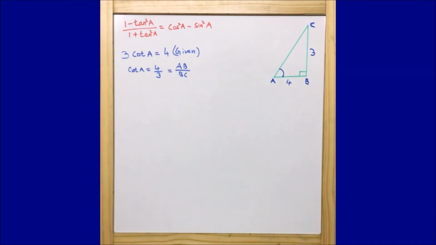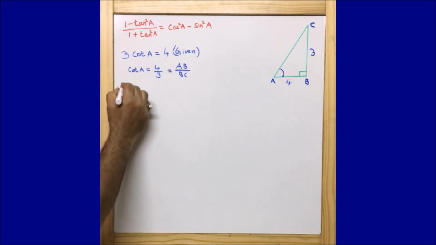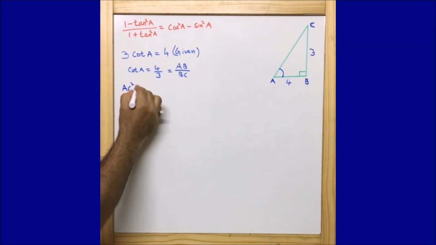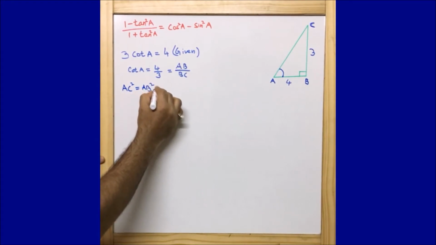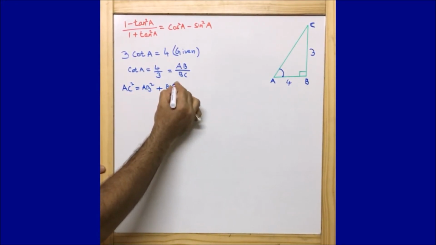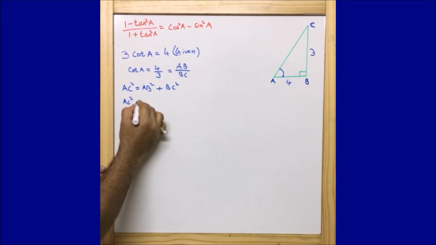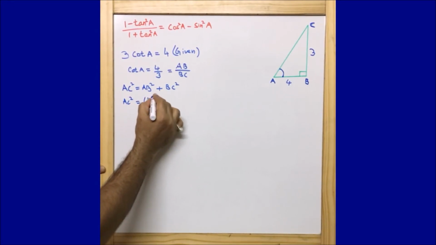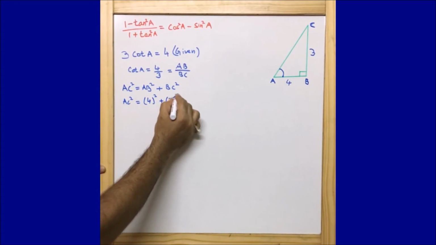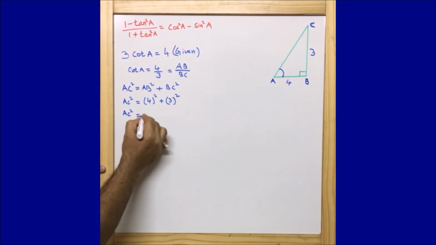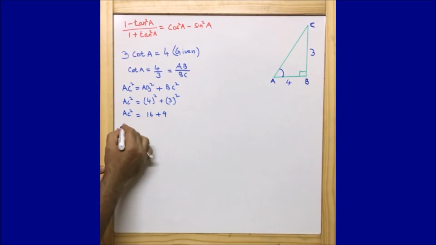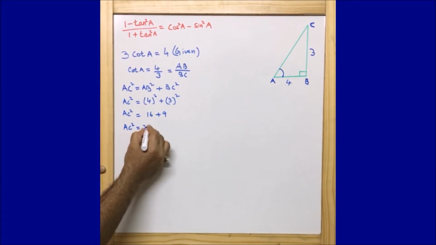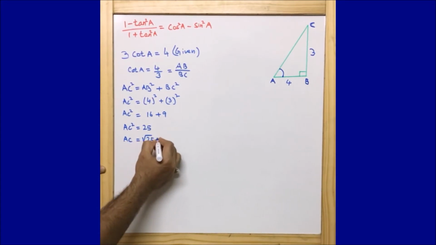With these things in hand, let us move ahead and find out the side AC using Pythagoras theorem. So AC square is equal to AB square plus BC square, or AC square is equal to 4 square plus 3 square, or AC square is equal to 16 plus 9, or AC square is equal to 25, or AC is equal to root 25, that is equal to 5.